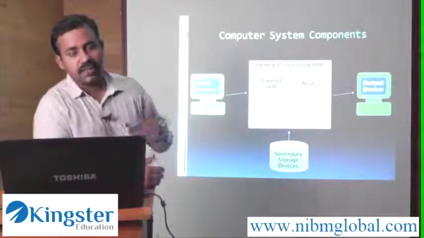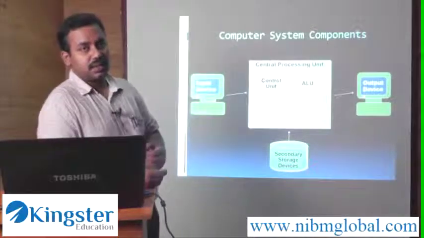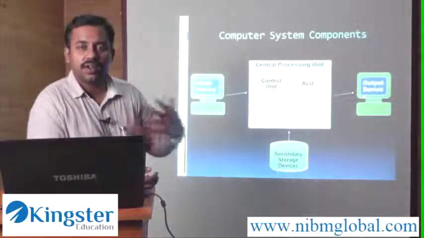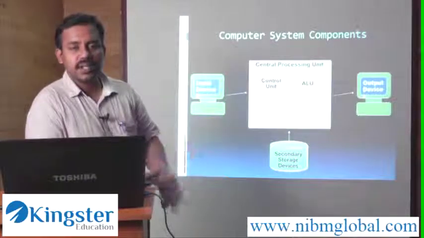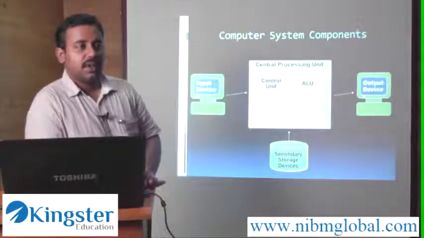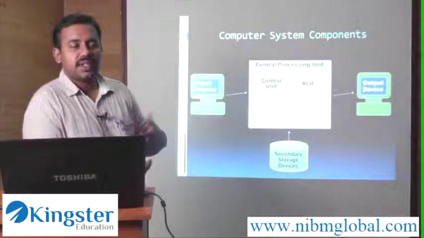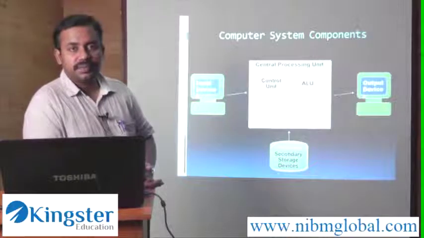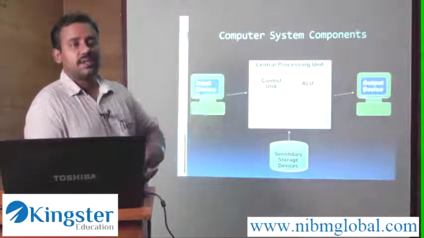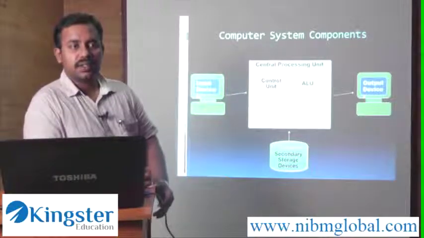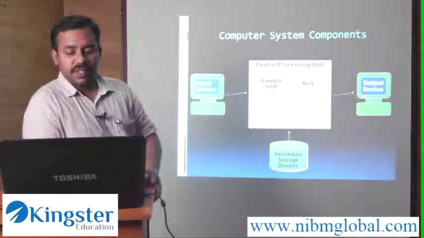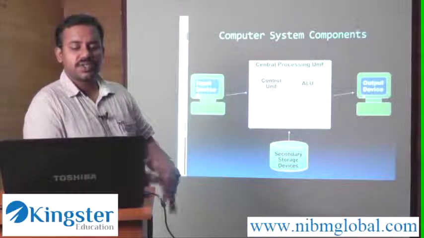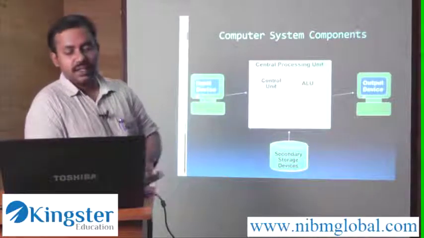So for secondary storage devices, a small organization might be recording all this data or information onto a CD or a DVD, or might be using other hard disks in order to store the data. A larger organization with a larger number of employees with an implemented information system will be using a server in order to capture the data and store the data. That forms secondary storage devices.